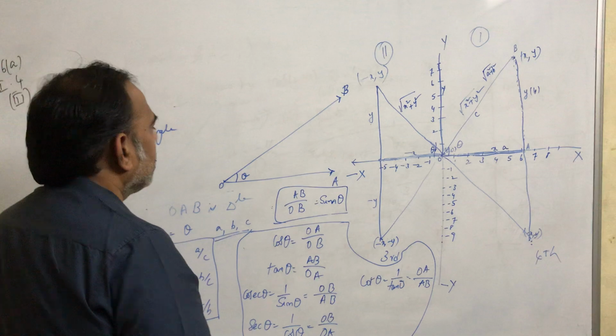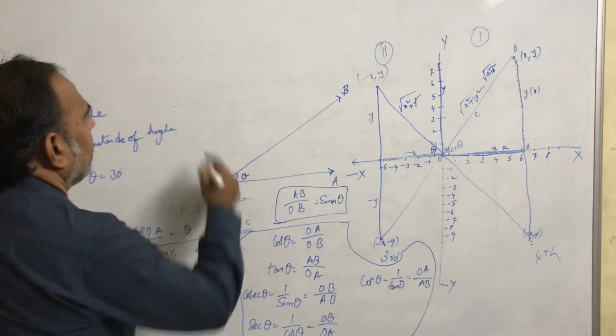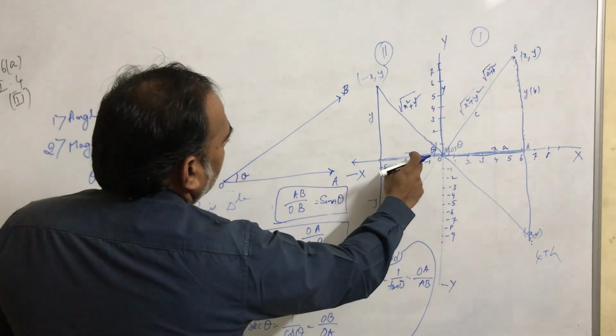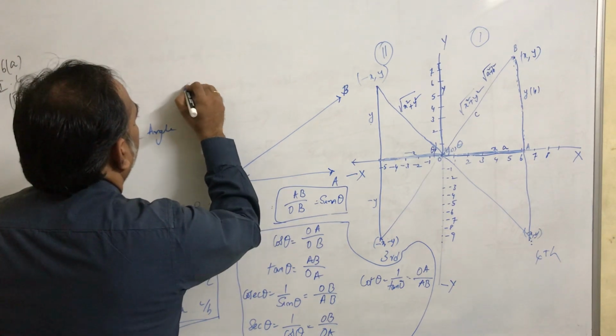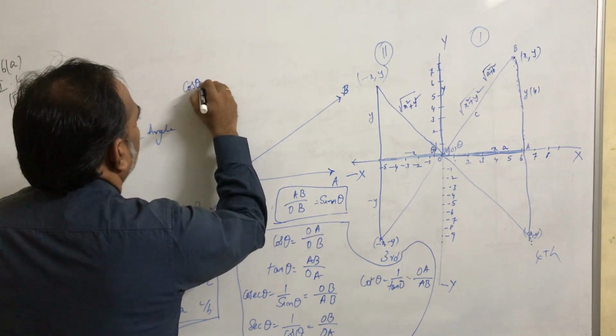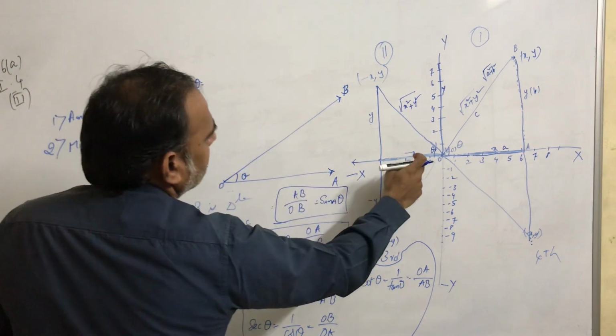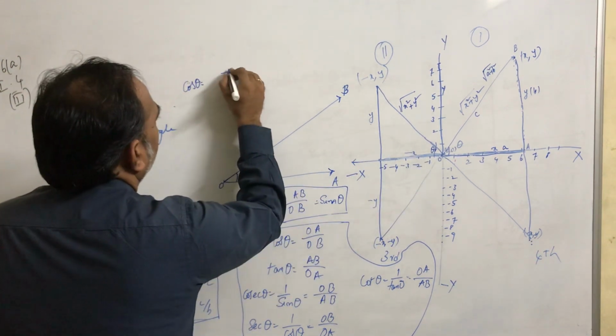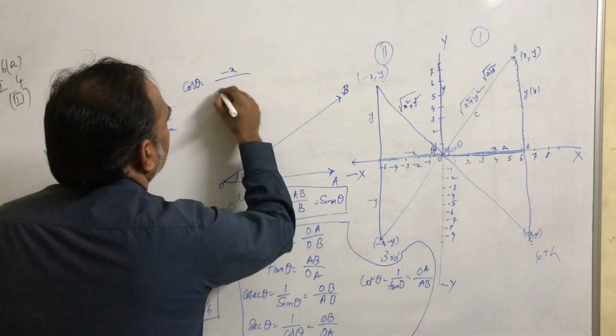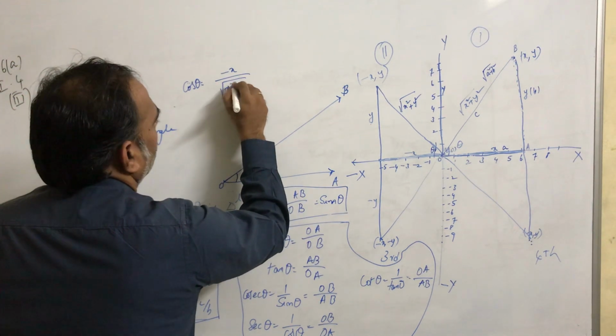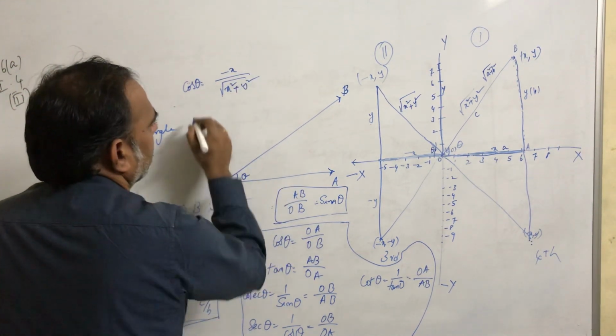Obviously, we have six ratios possible, right? And what is cos theta? Cos theta equal to adjacent side. What is the adjacent side? This is minus x by square root of x square plus y square.